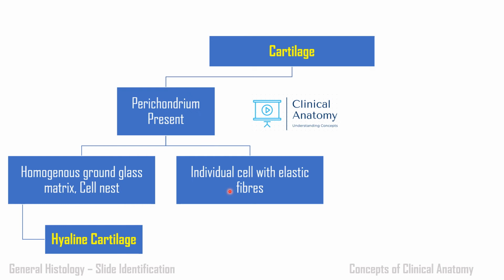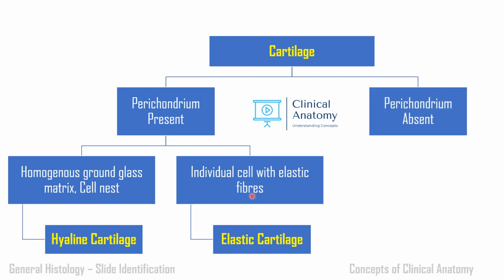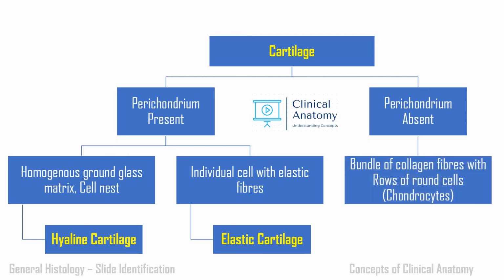If the cells are not in a cell nest and in between the cells we can see some darkly stained elastic fiber, then this is the elastic cartilage. If the perichondrium is absent, then it is the white fibrocartilage, in which bundles of collagen fibers and rows of rounded cells, the chondrocytes, are present.